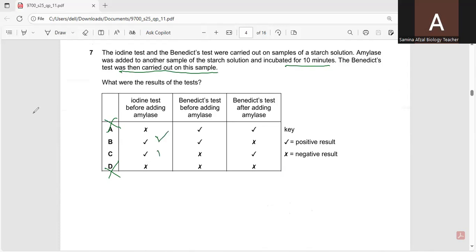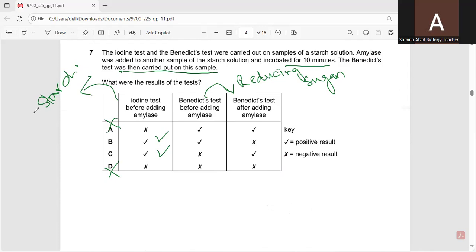So, Benedict test before adding amylase. The Benedict test is used to find out the presence of reducing sugar, and the iodine test is for starch.